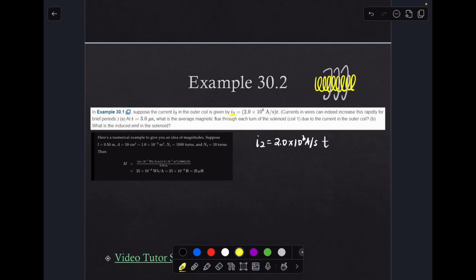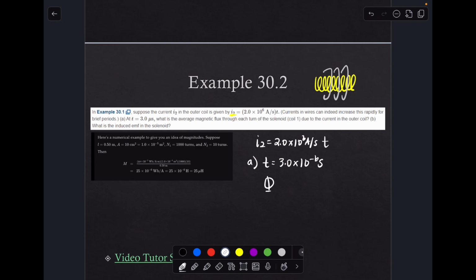The question is, at t equals 3 microseconds, what is the average magnetic flux through each turn in coil 1 due to the current in coil 2? So what are we asking for?